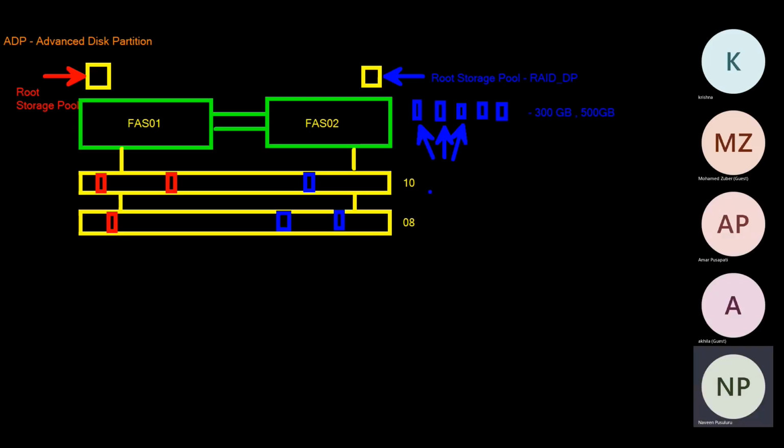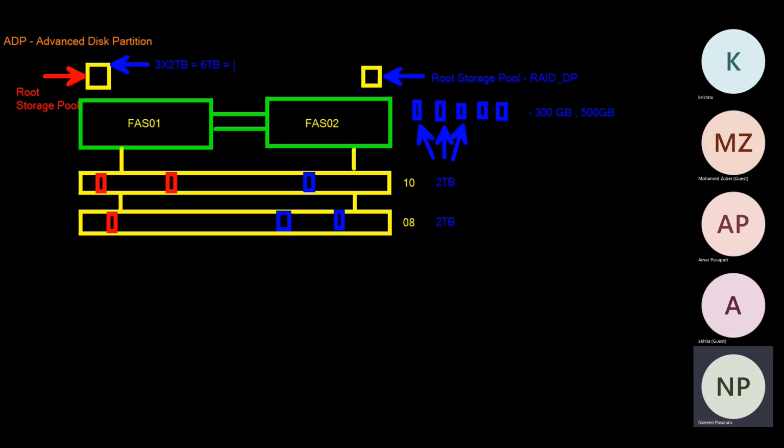But let's assume that whatever disks I bought in the shelf are 2 TB drives. That means the storage pool will be created with 3 disks, so 3 into 2 TB. That means how much is it using? 6 TB.